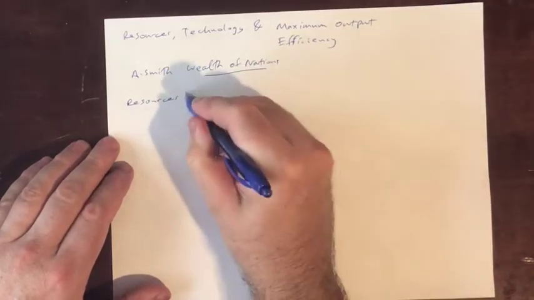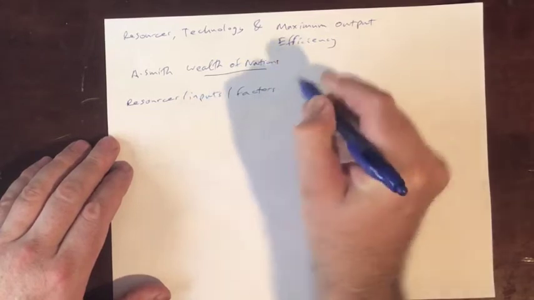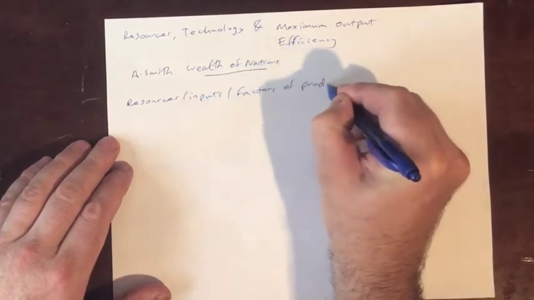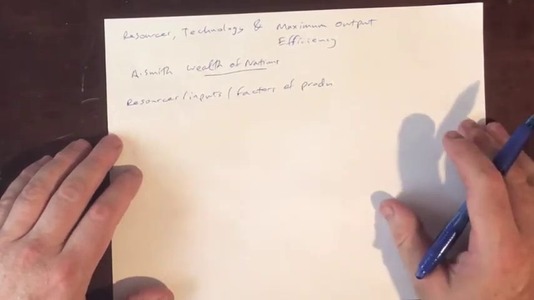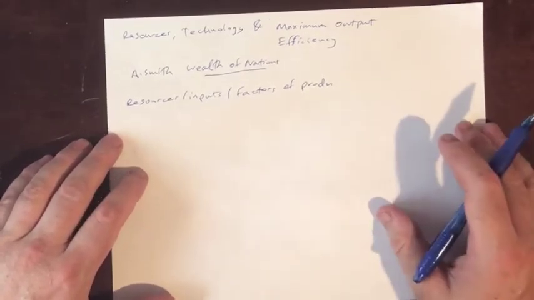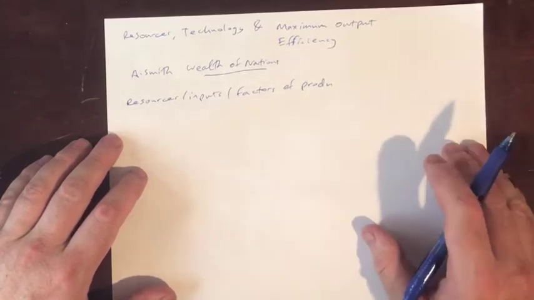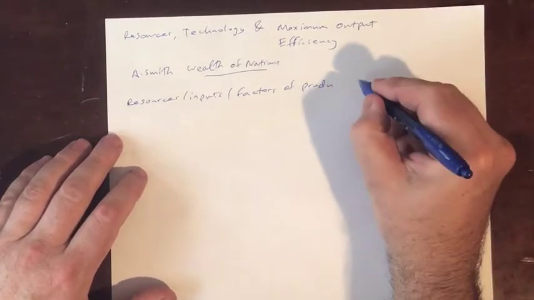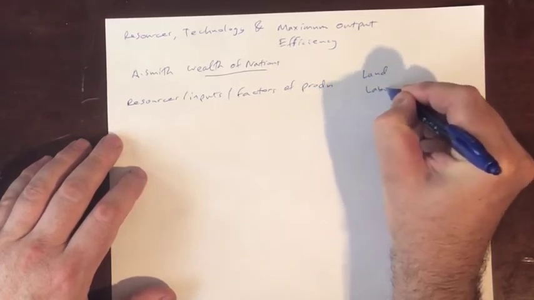Also known as inputs or sometimes called factors of production. Following Adam Smith, economists have typically divided these into three different resources: land, labor, and capital.